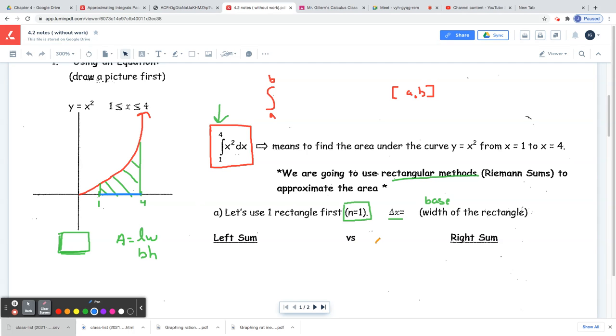Now, there's two things here. We see left sum versus right sum, and it's real simple to figure this out. Left sum means that we are going to use the left side as our height.